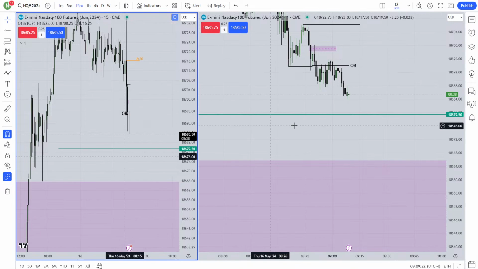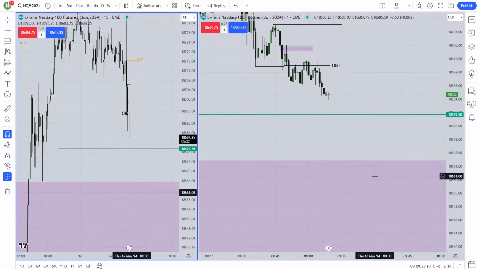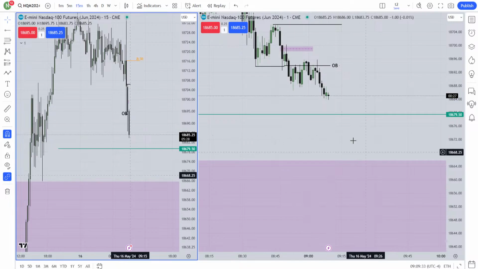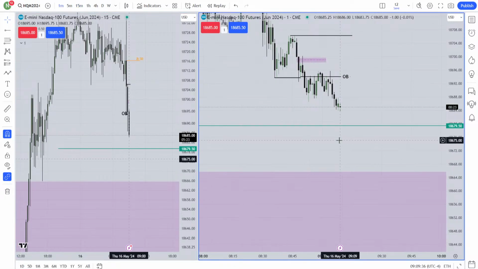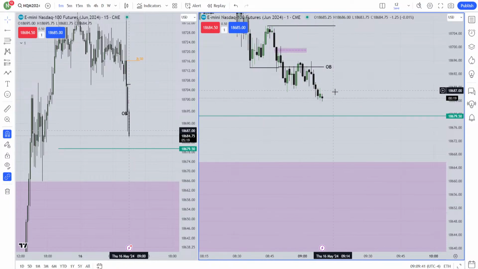I will watch both of these levels. When it is going lower, I have nothing to do. I'm just waiting for 9:30. No entry is valid between 9 and 9:30. I don't care about anyone who told you to take entry. You can't take entry around 9 to 9:30. It's highly risky, from my experience.